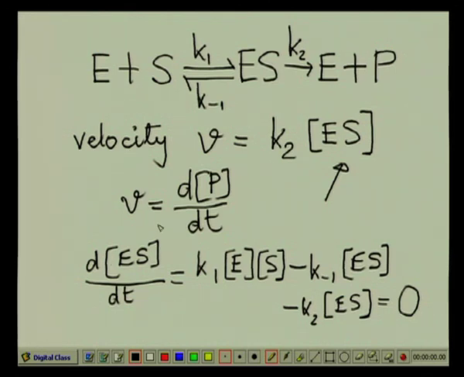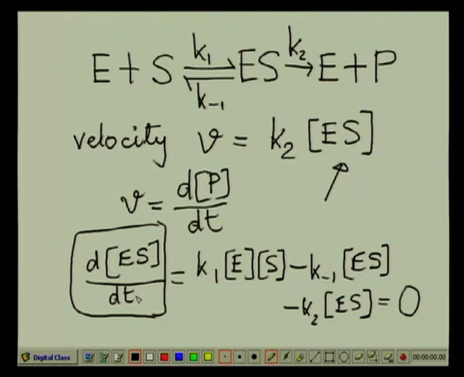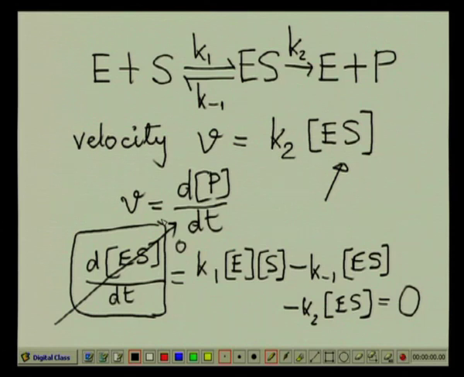So, there is no change of the concentration of the enzyme substrate complex with time. If there is no change with time, then this quantity becomes 0 because I am at a steady state, right. Okay. So, now if I am at this steady state, I will therefore get a new expression for ES.